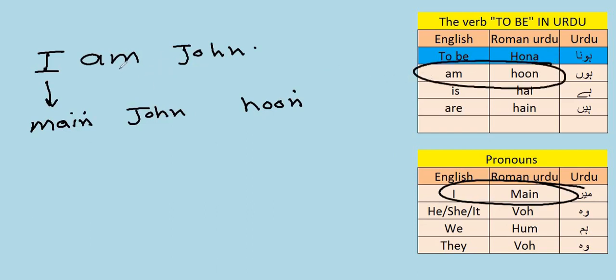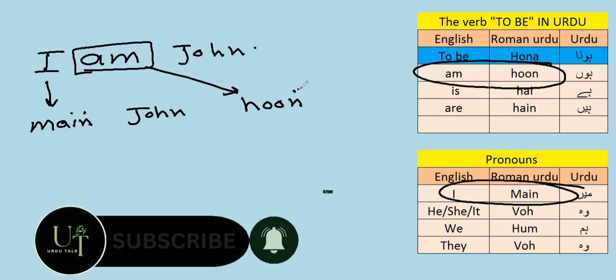So हूँ we are using at the end of Urdu sentences, and it is the to be form. So it means that in Urdu the verb to be form we use at the end of Urdu sentences, while in English we use it in the middle of the sentence.